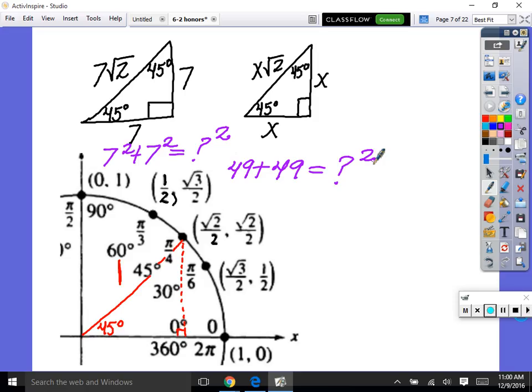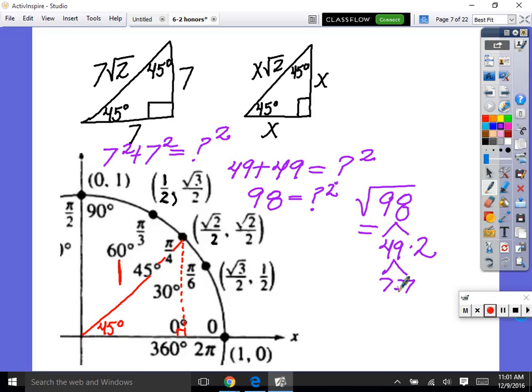Is everybody good? So what is that? It's 49 plus 49, so we have 98 is equal to question mark squared, so we would square root 98, which simplifies to 49 times 2, 7 times 7. So the hypotenuse simplifies to 7 square roots of 2. Okay, everybody good with that?